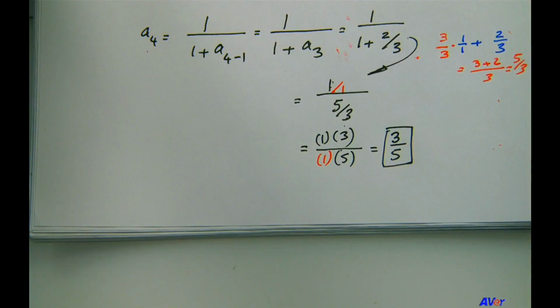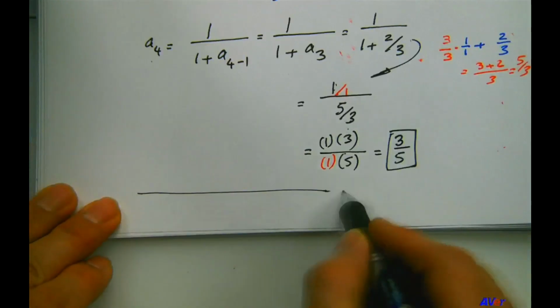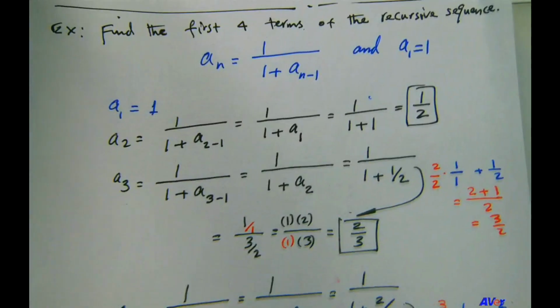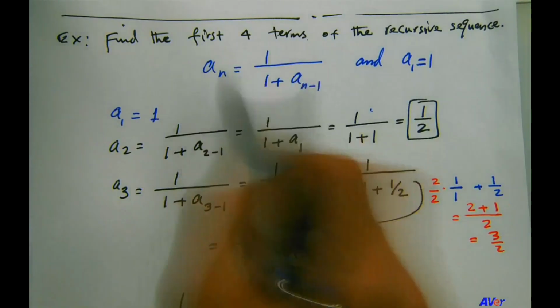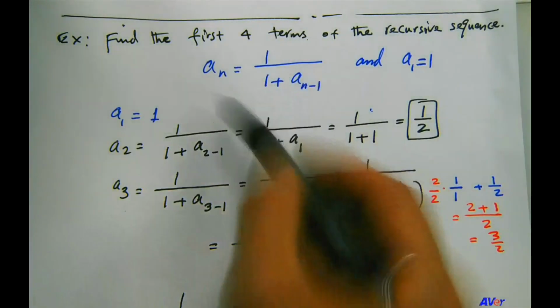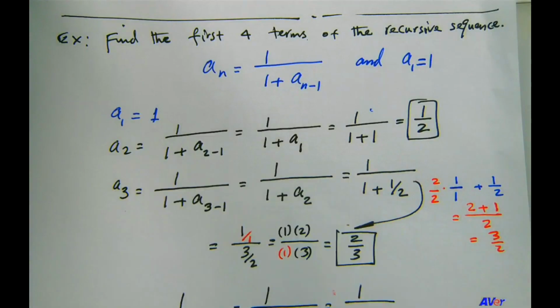Okay, so far, what we've been doing with all these examples was we were given the nth term of a sequence, and we were asked to find specific numbers within that sequence.